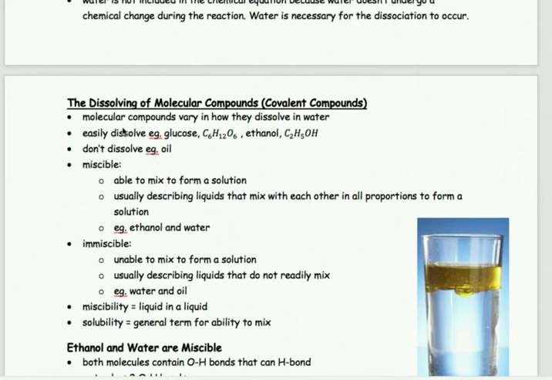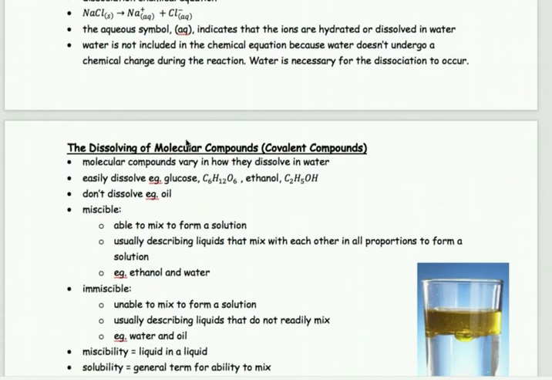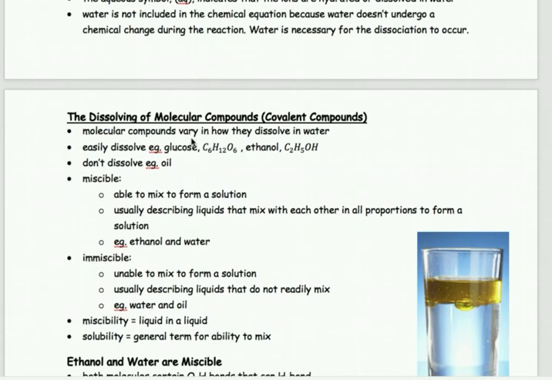So we've touched on this in the past, where we know that covalent compounds will dissolve sometimes and sometimes they don't. Ionic compounds always dissolve. Okay, it was a property of ionic compounds, they would dissolve nicely. So molecular compounds, some of them will dissolve, some of them just won't. Okay, so we're going to look at some examples today.